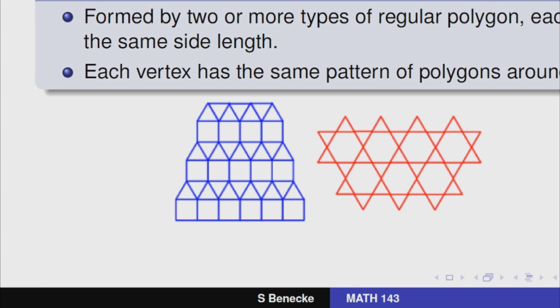In the blue, if I look at any vertex, I see 3 triangles and 2 squares. Any other point, 3 triangles and 2 squares. Maybe it's flipped around, but it's still 3 triangles and 2 squares. They're all the same. Which means if I describe what happens around one point, it describes the whole thing. Because they're all the same.